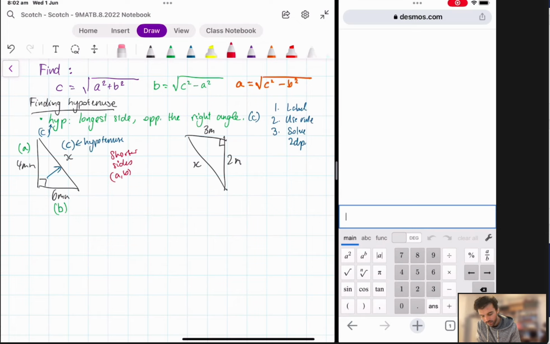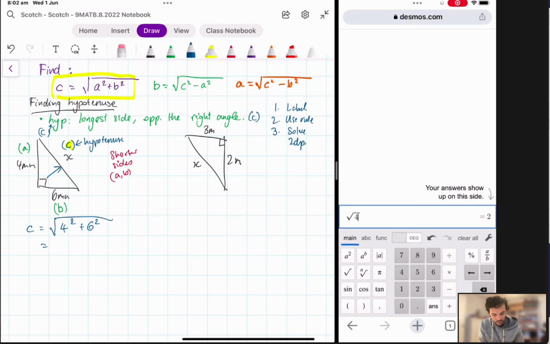So now we've labeled our triangle, we can now solve. I need to solve for C, so I'm going to use this rule up here. Let's sub in. A is now 4 squared plus B is now 6 squared. Now we need to plug this into our calculator. 4 squared plus 6 squared. And we can see the answer is 7.211.